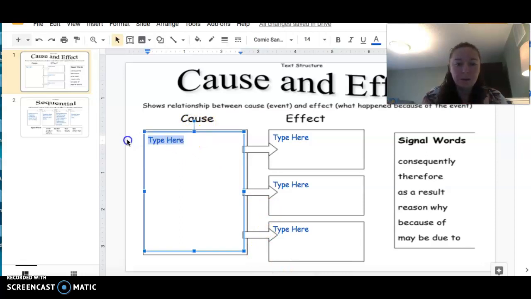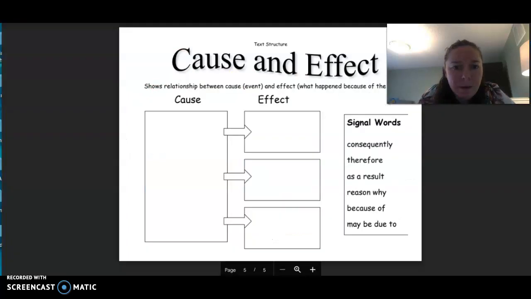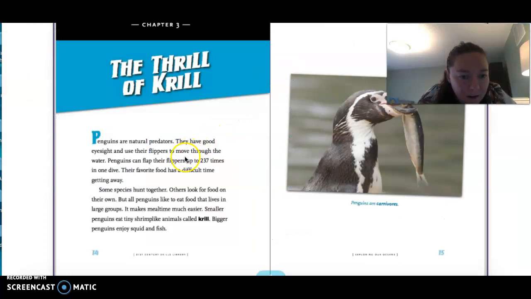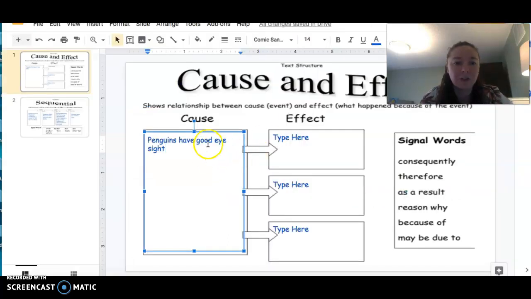Okay, so I know that they just told me that because penguins have good eyesight, and it said something about their flippers, flapping up to 237 times in one dive. So maybe that means that they swim fast.